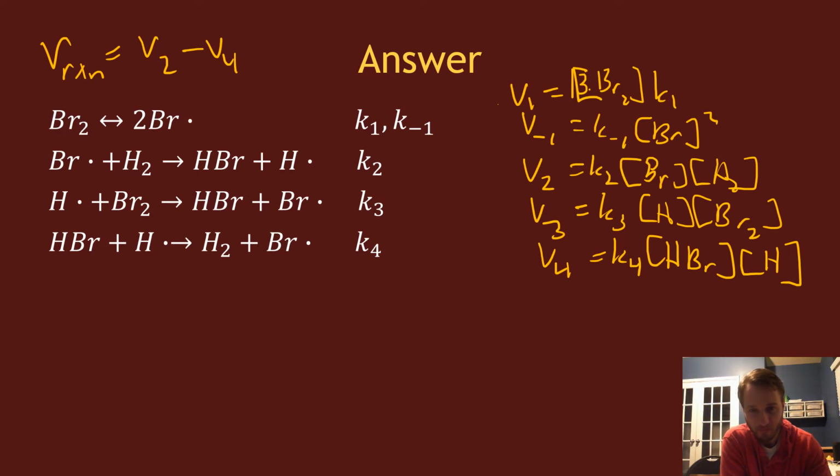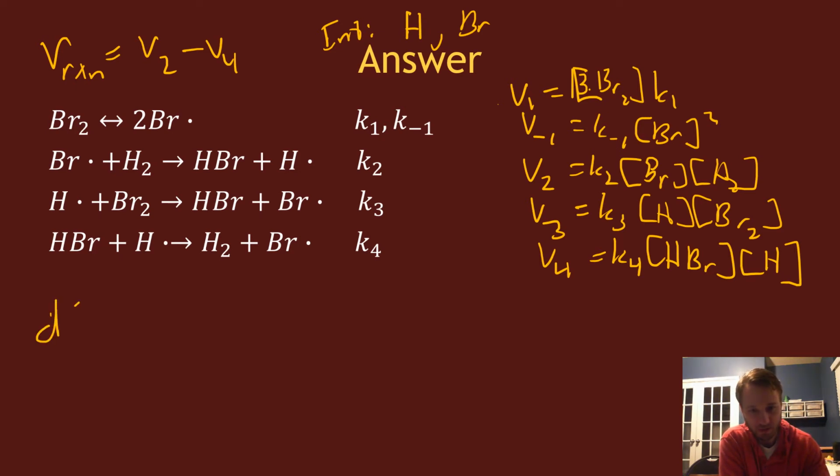Well, V2 and V4 both include our intermediates. Our intermediates are H radical and Br radical. Those are our 2 intermediates, and so I need to get rid of them, and to do so, I use a steady state approximation.